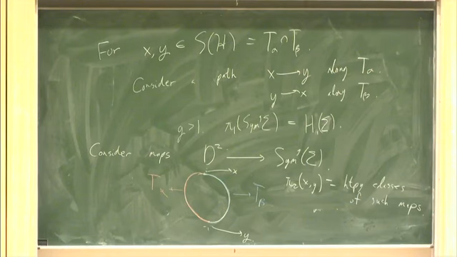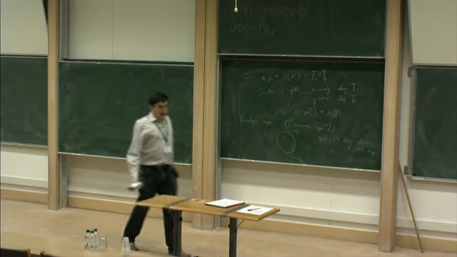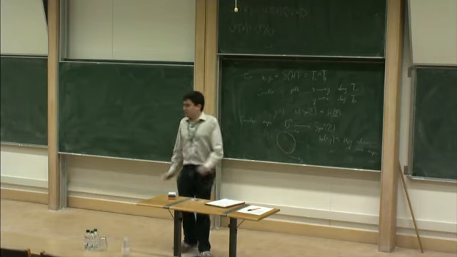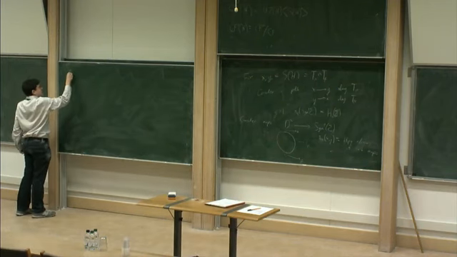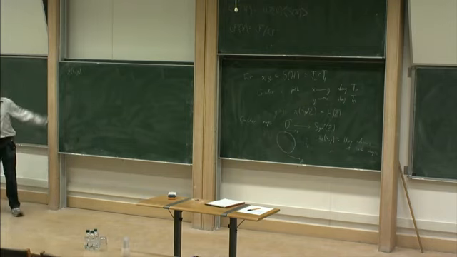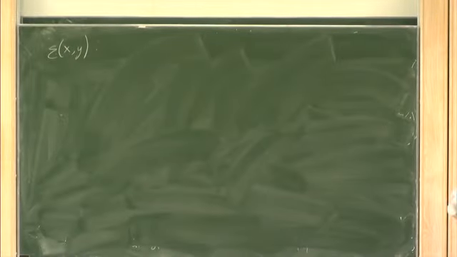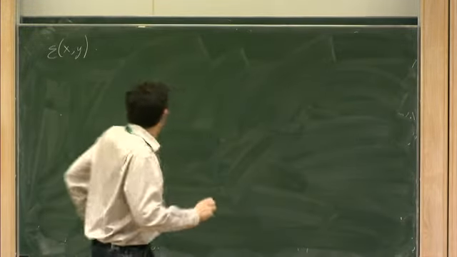So the first question is going to be, how do I decide whether there are such maps? Okay, so here's what we'll do. So epsilon of xy is going to be the following.